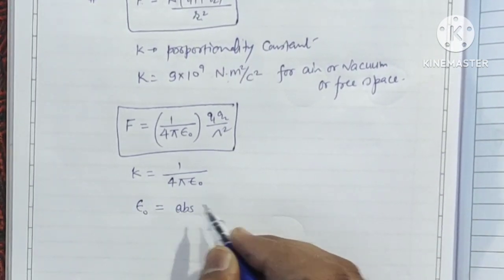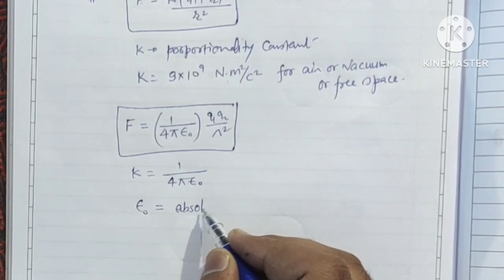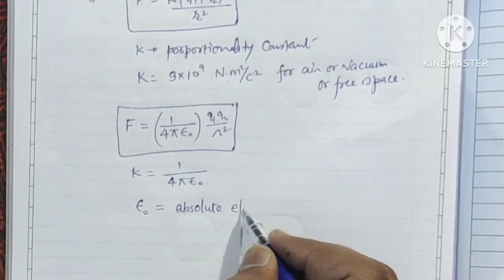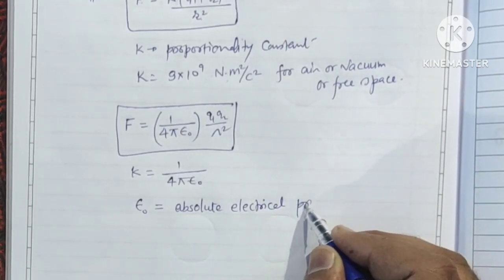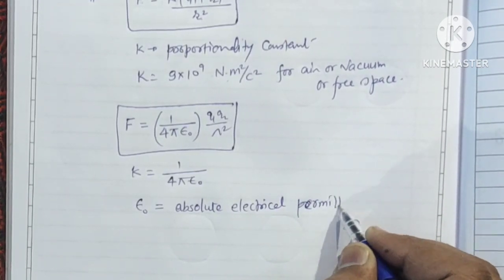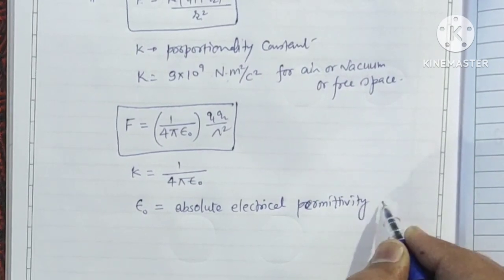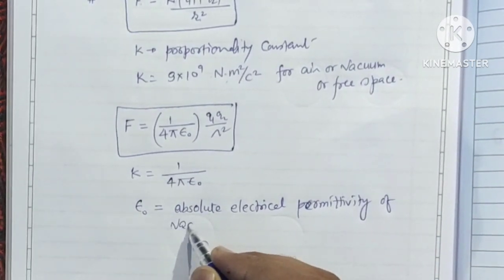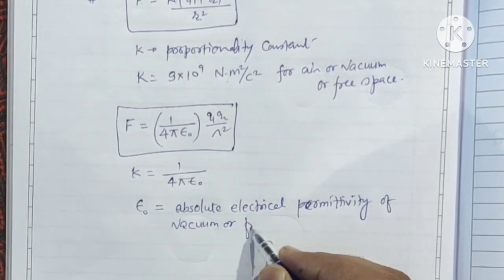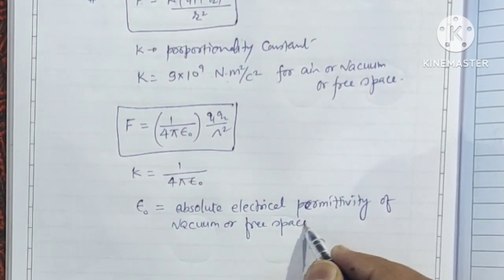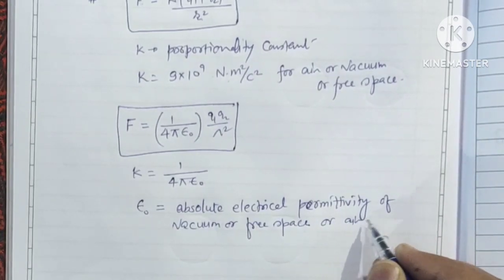It is called the absolute electrical permittivity of vacuum or free space, or air.